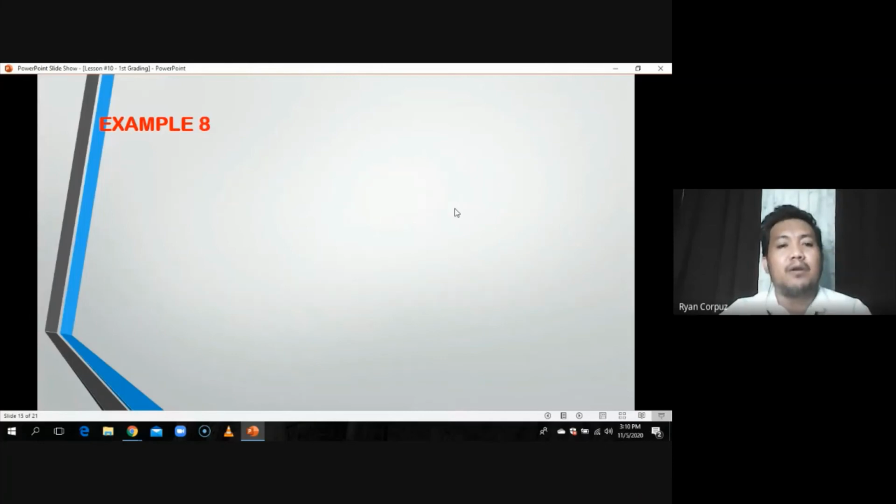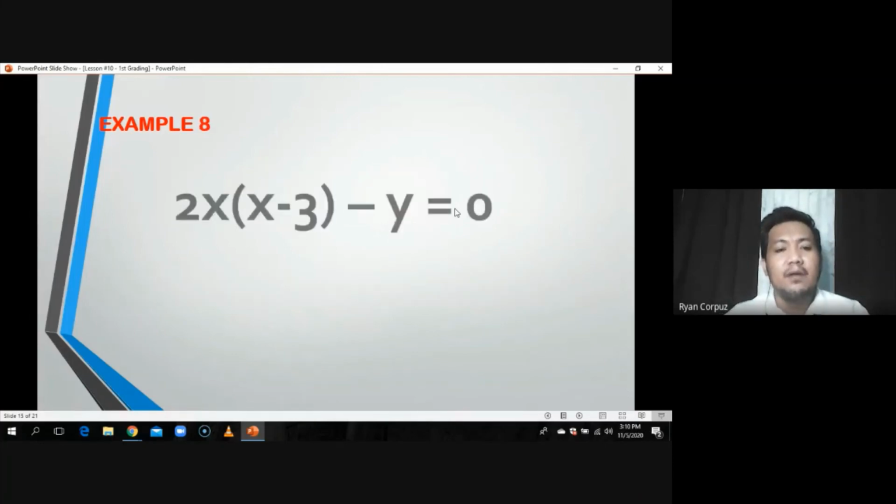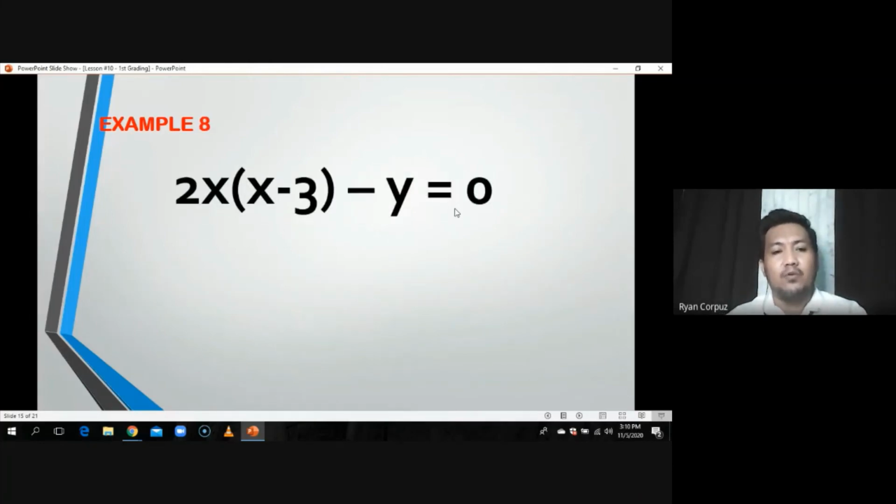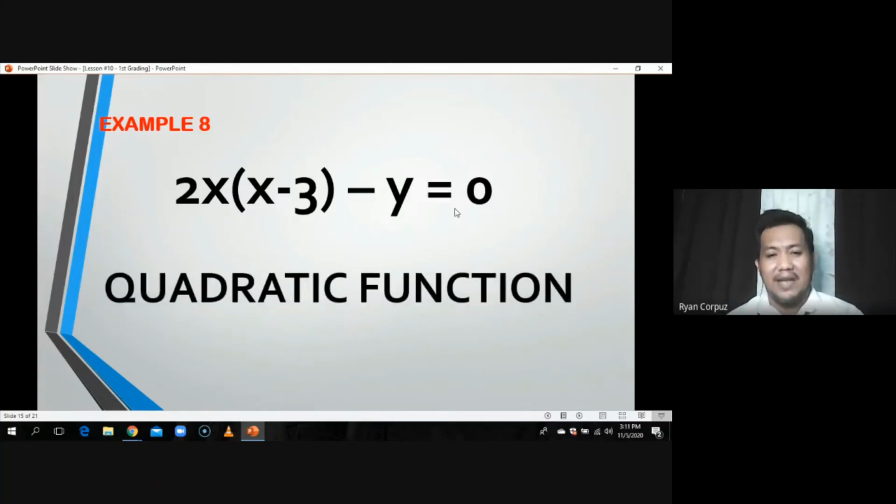Let's have example number 8. The given is 2x times the quantity x minus 3 minus y is equal to 0. Analyze the given equation. Upon analyzing it, you'll find out that the given equation is showing quadratic function. Yes, it's still quadratic function because you can arrange it in the right form of the quadratic function by simply moving negative y to the right.